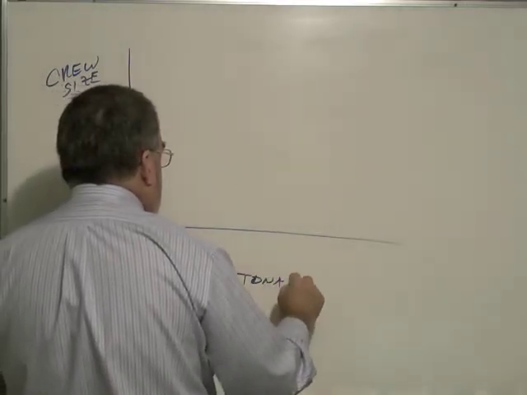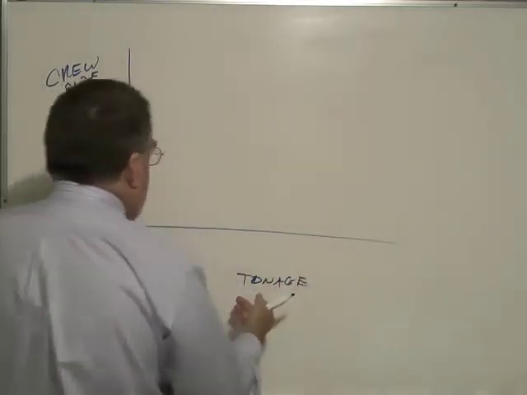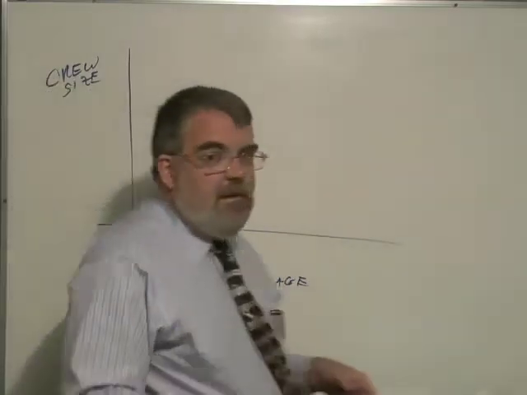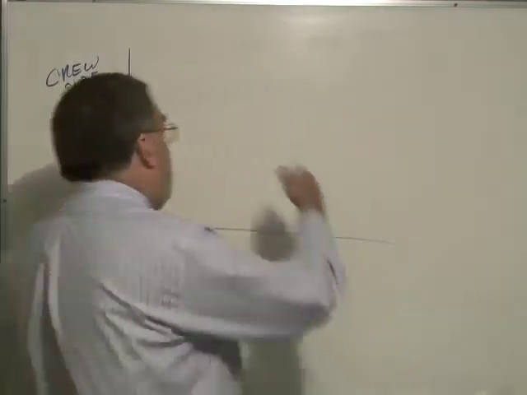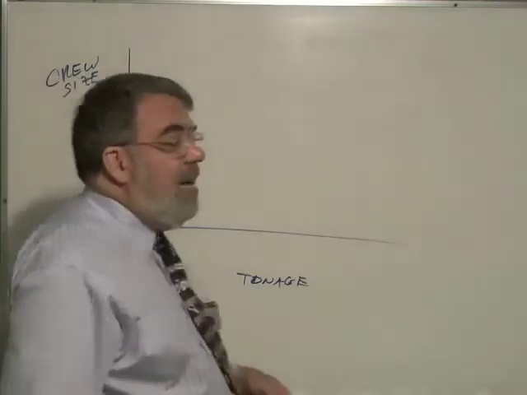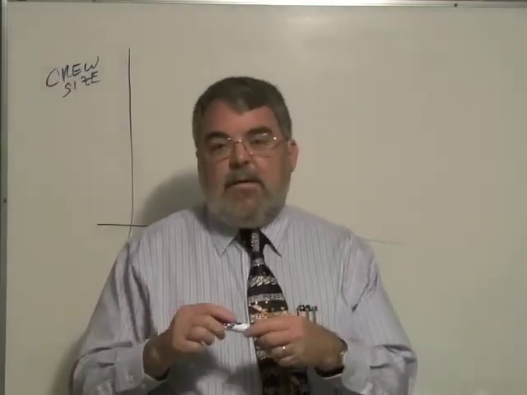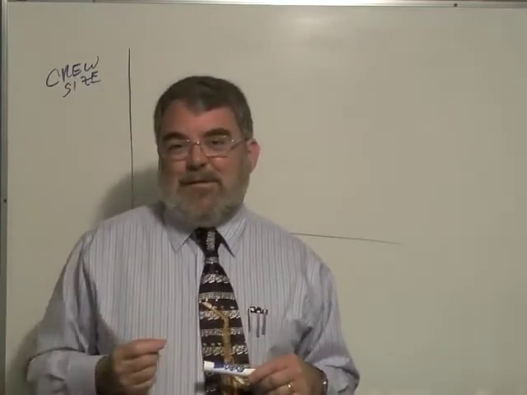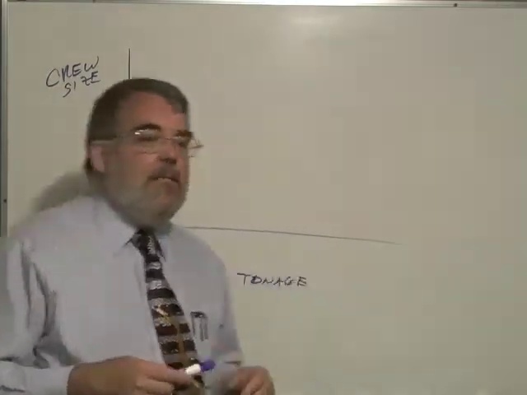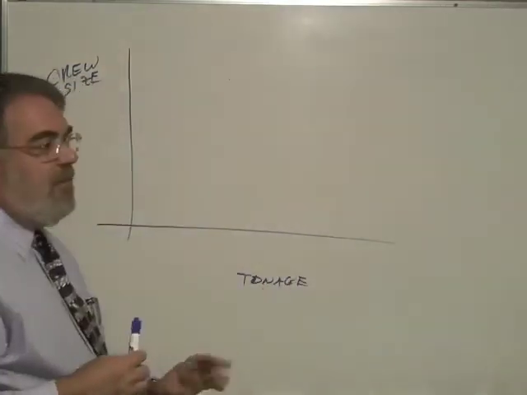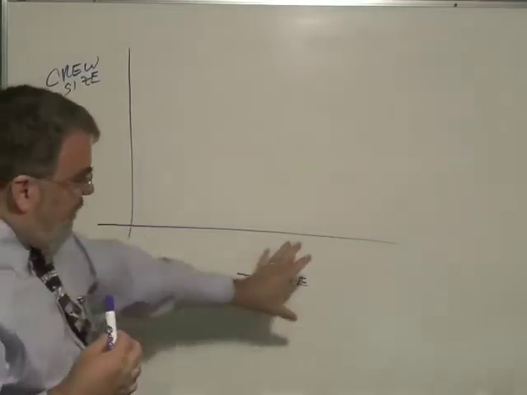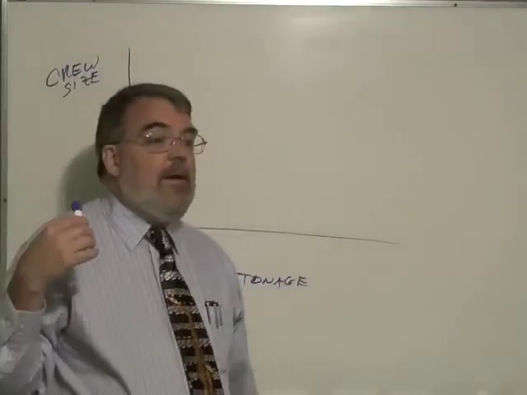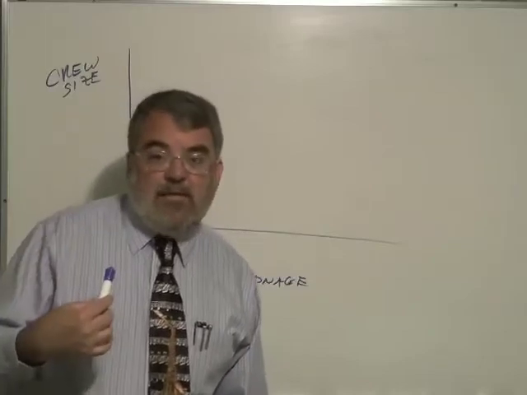Now why did they choose it that way? Could they have just switched the order of these variables, put tonnage up here and crew size there? Yes, they could. And would it change things? Cosmetically so. But probably this is a more natural way, because this axis is our independent axis, our input axis.